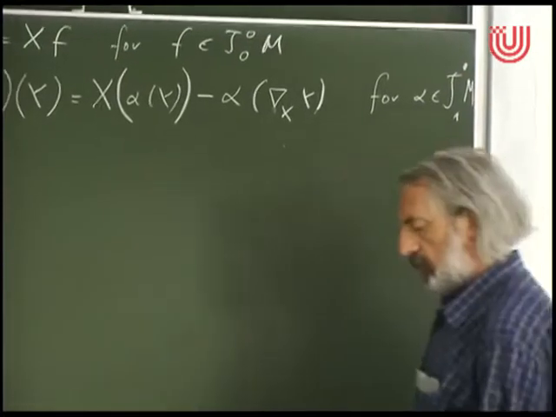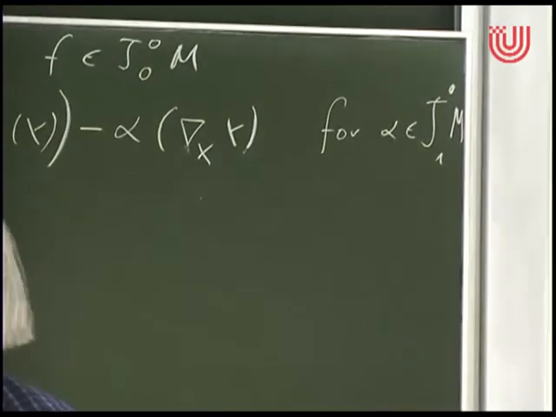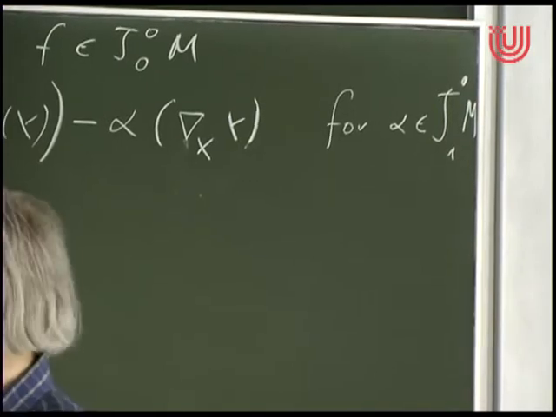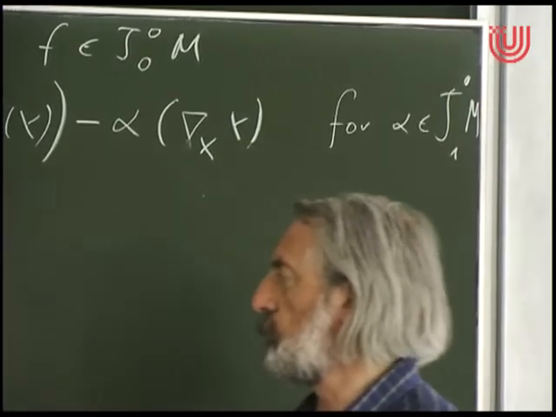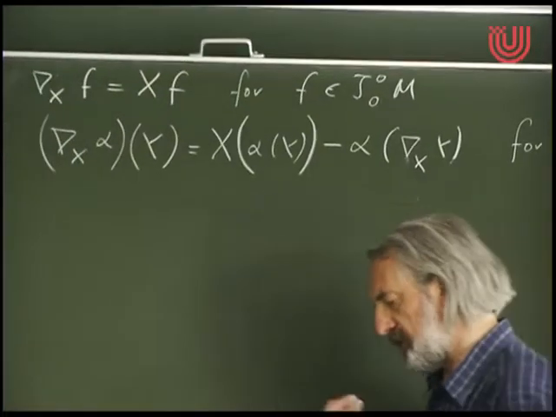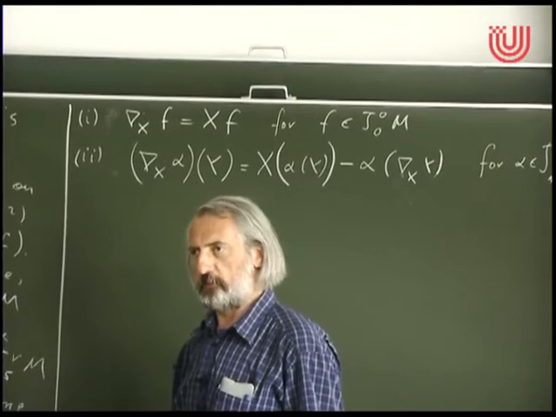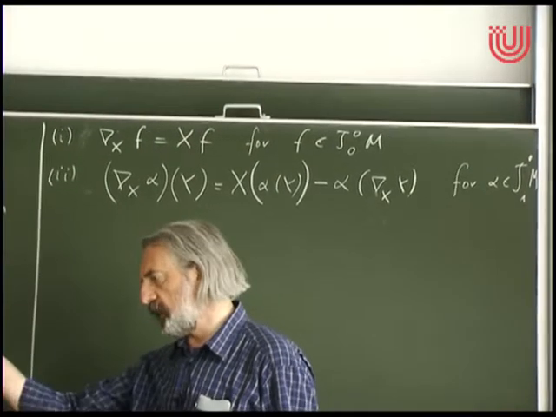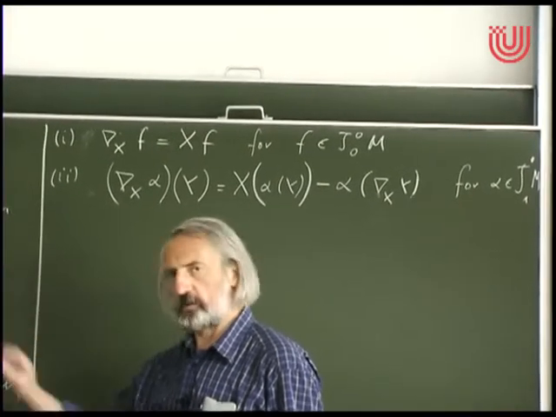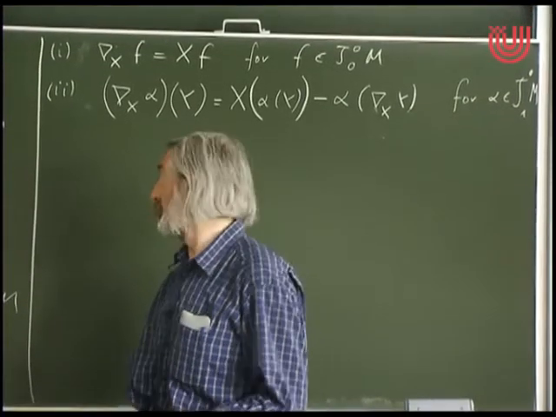So now I have it on scalar fields, vector fields, and covector fields. And now I can extend it to arbitrarily high rank just by telling how it acts on sums and on tensor products. Because any higher rank tensor field can be written as a combination of sums and tensor products of lower tensor fields. I could think of a basis.